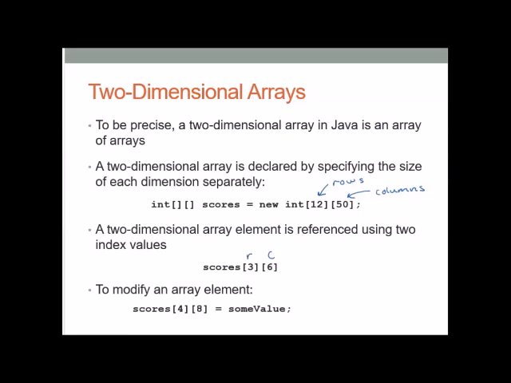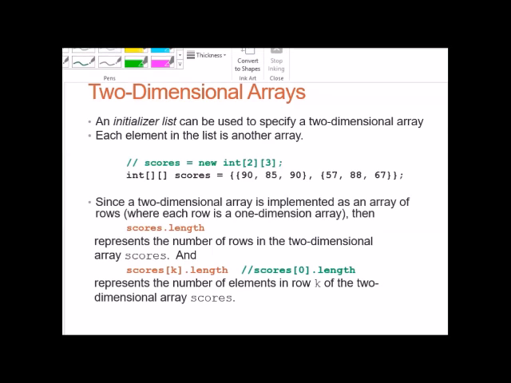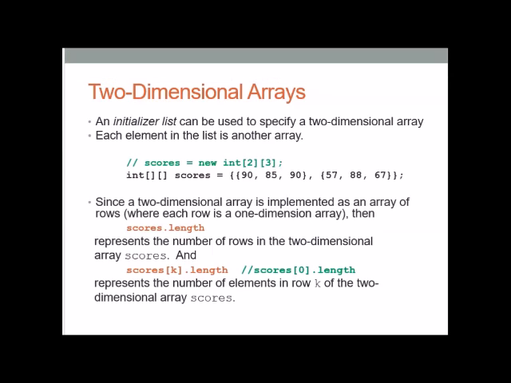So for example, like this, we can also set it equal to an array literal, meaning exactly how we want it, like all the numbers inside of it, we can just set it equal to exactly what it's going to be. When we do this, we can only do it while we're initializing the array.